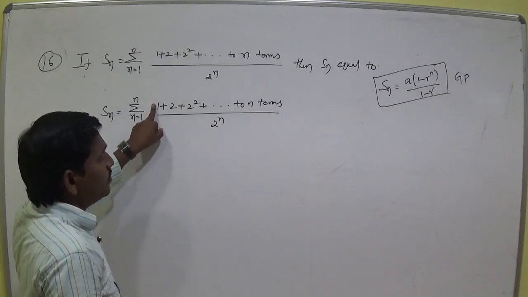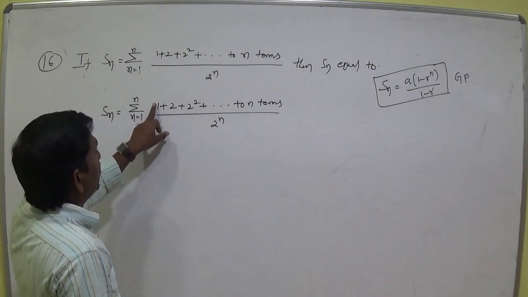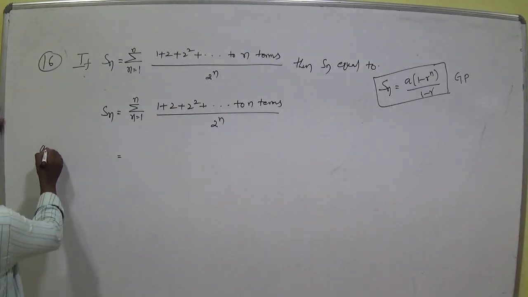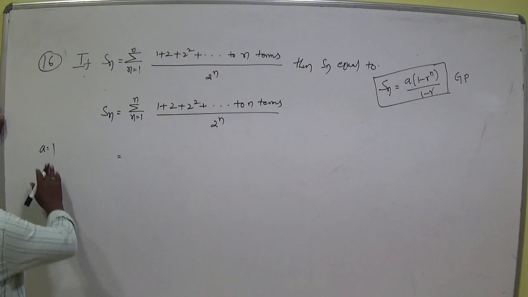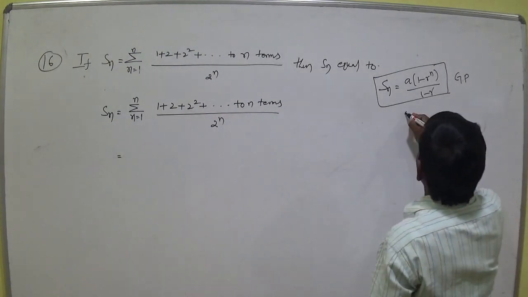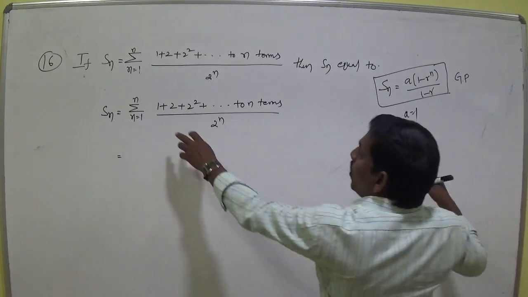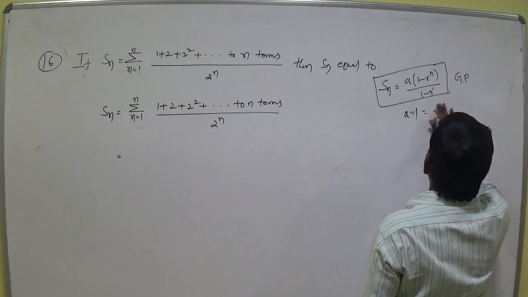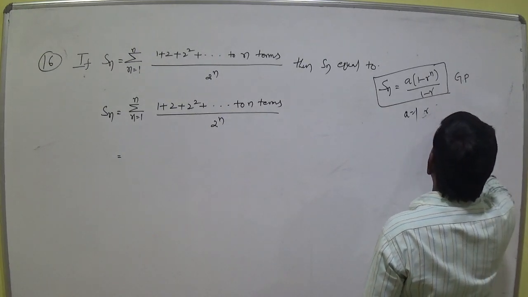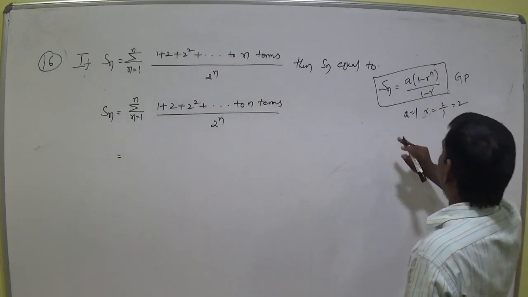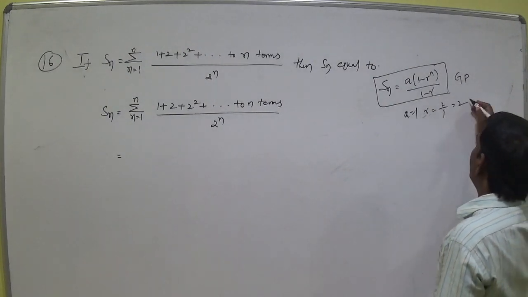Here A equal to 1 and r equal to 2 by 1, that means r equal to 2. So A equal to 1, r equal to 2.